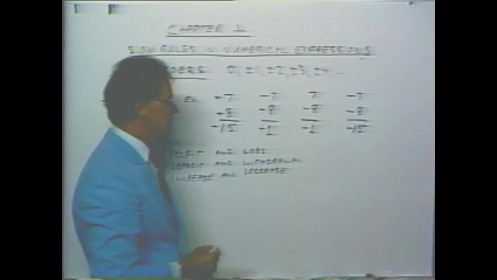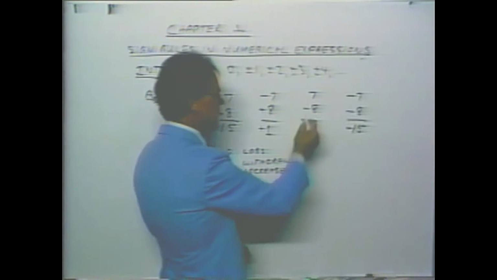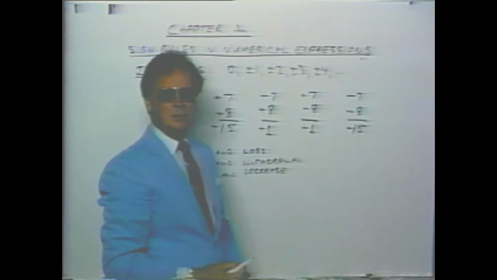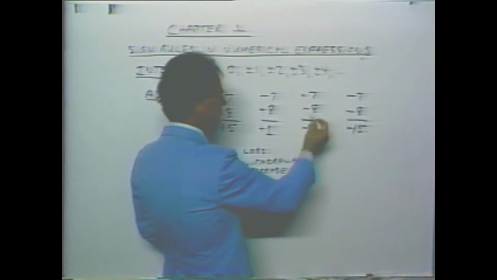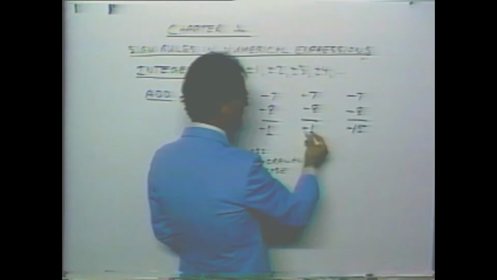Similarly, in the third example, if the temperature is presently 7 degrees, and we have a loss or a decrease in 8 degrees, the temperature presently would be minus 1 degree.